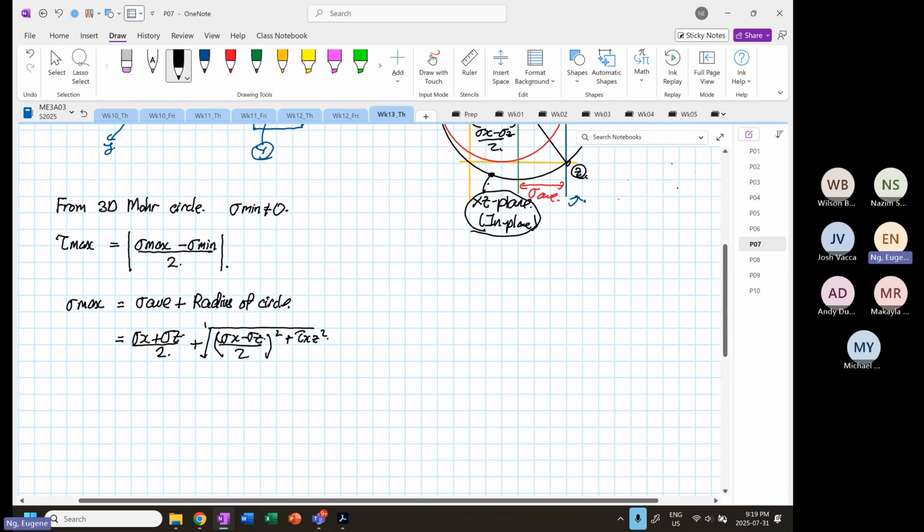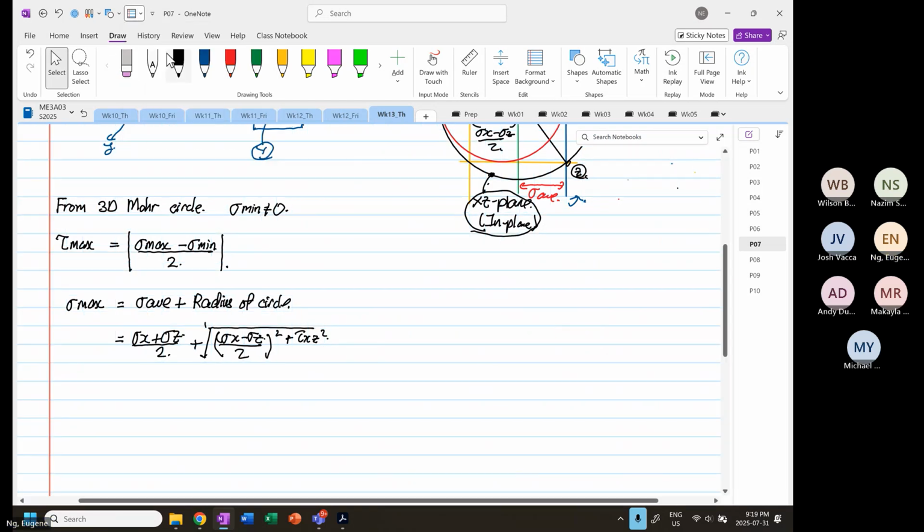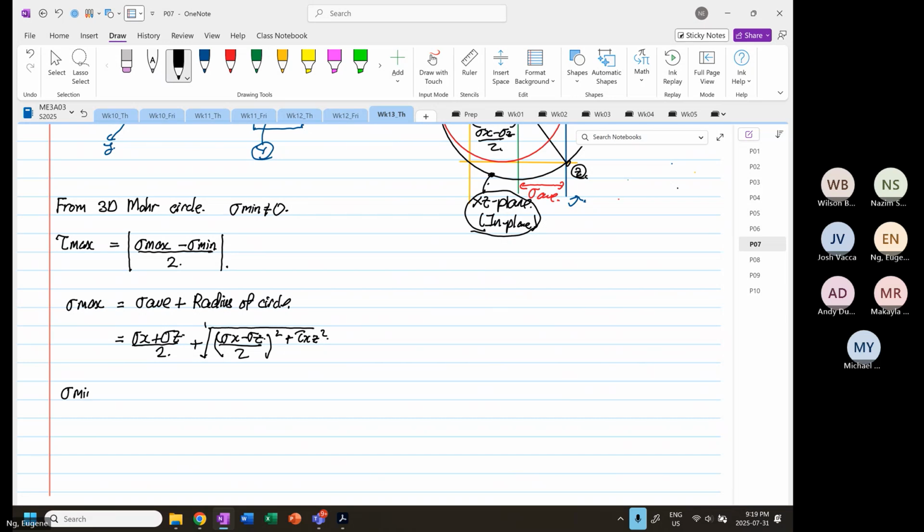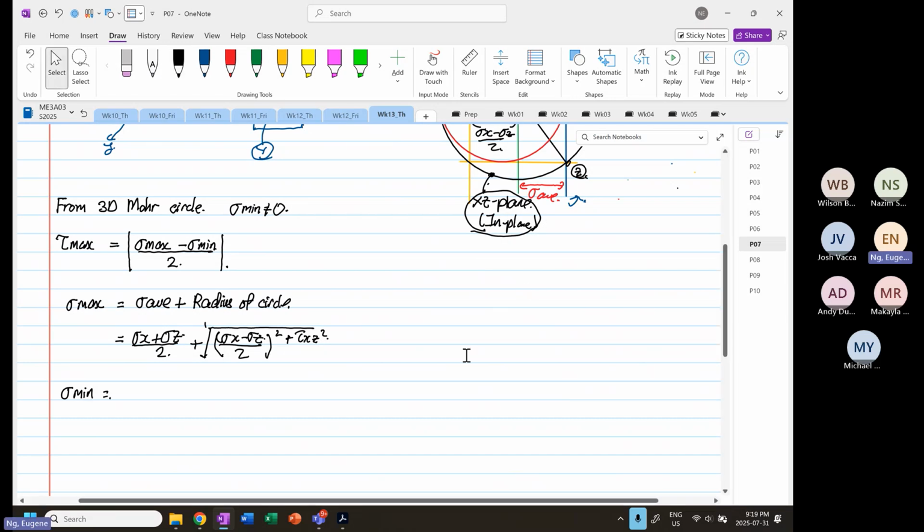So once you have this, everything will be quite straightforward and easy now, right? So you know that the same thing for stress mean. It's basically equal to this whole thing, the same thing.